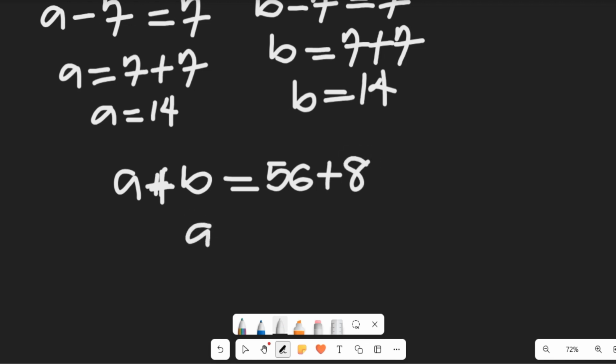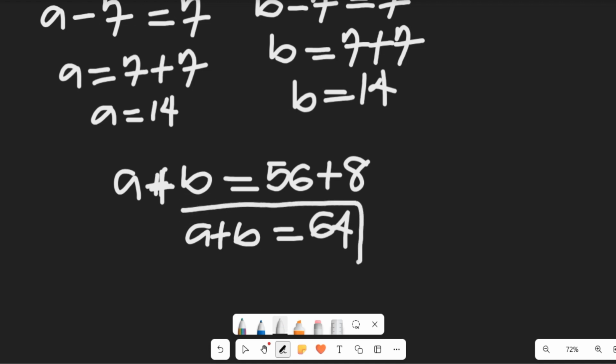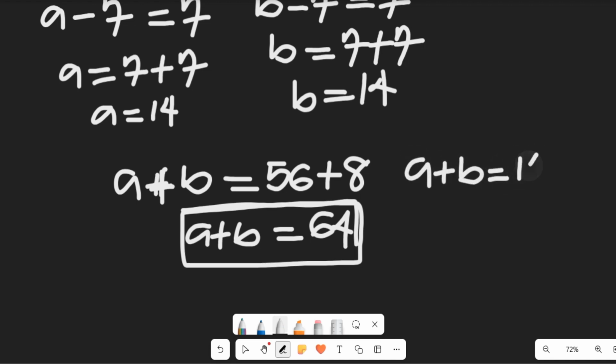So a plus b will simply be equal to 64. Now case 1 and case 2 will give me 64. Now in case C or third case, I'm going to have a plus b to be equal to 14 plus 14, and then a plus b will be equal to 28.